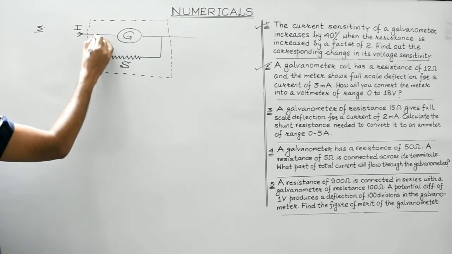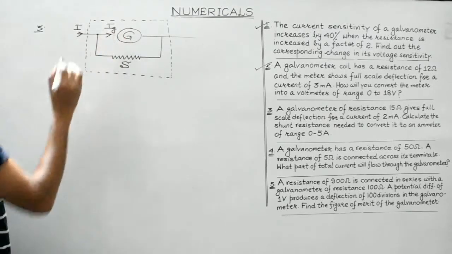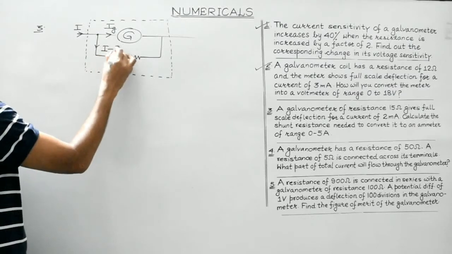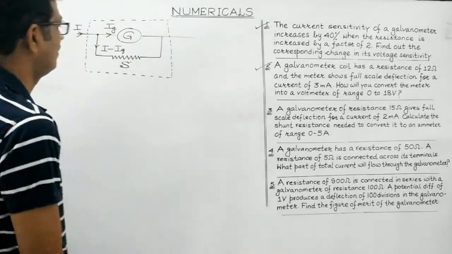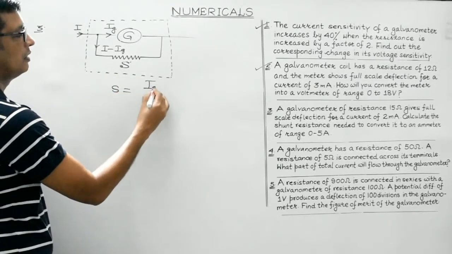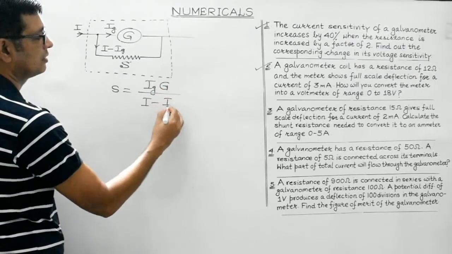This will act as a junction. So here the maximum safe value of current that can be passed through the galvanometer is Ig. So the rest of the current, that is I minus Ig, will flow through the shunt, isn't it? And the value of the shunt is given by Ig times capital G, divided by I minus Ig.